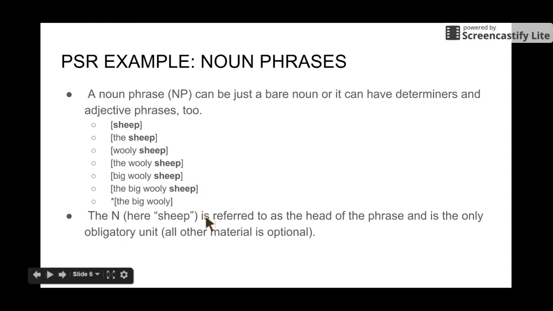Okay. And as we can see, we can have a single word sheep as a NP, right? And we can have so many elements. We can have four words together to form a NP. Then it means that the, big, woolly, the three elements are optional.